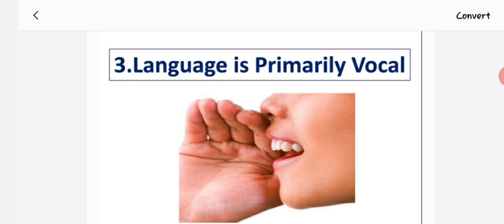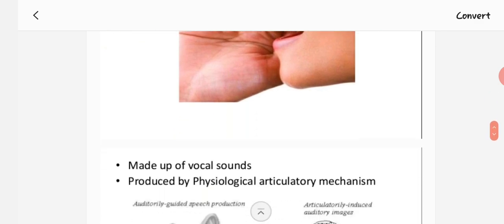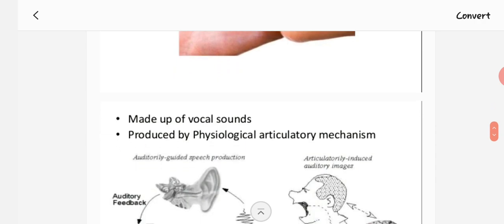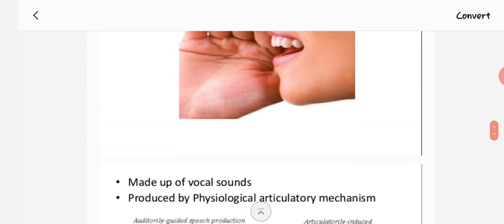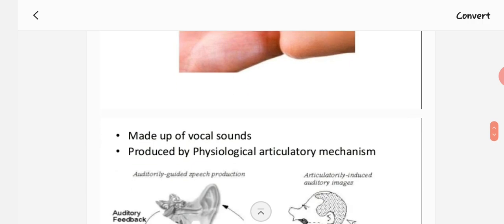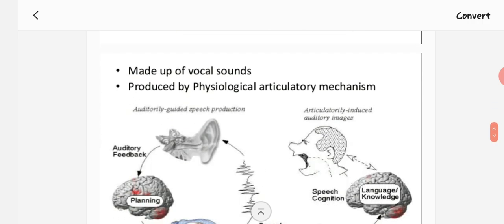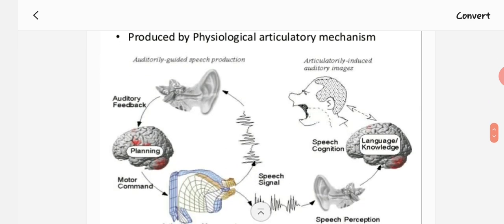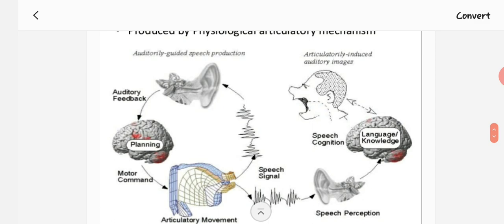So basically, the very simple answer to this question is that language is primarily vocal. We can say it is produced through our vocal cords, through our mouth, by using our teeth and tongue, made up of vocal sounds, and it is produced by the physiological articulatory mechanism. So it is totally a mechanism which is used to describe things, to utter things, and to listen to the language.